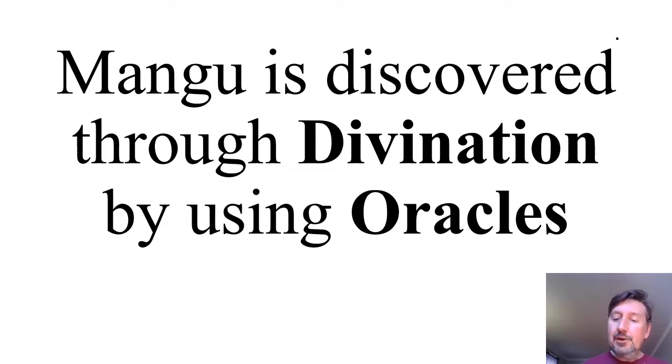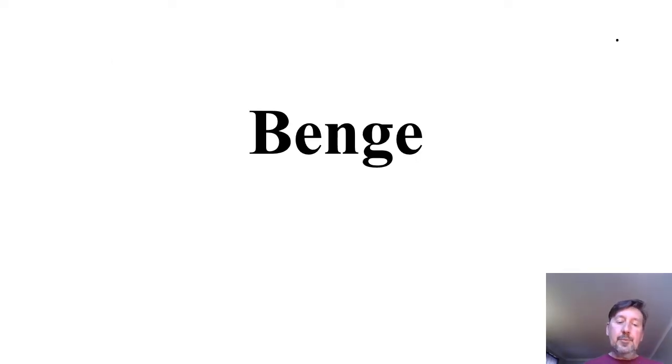What was the most important oracle that the Azande used? The most important oracle that the Azande used is called Benge. This is the poison given to the baby chick, which you all saw in the film. The poison oracle is used to answer specific yes-no questions.